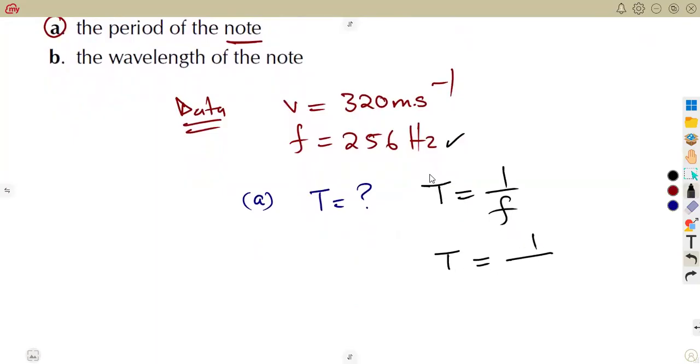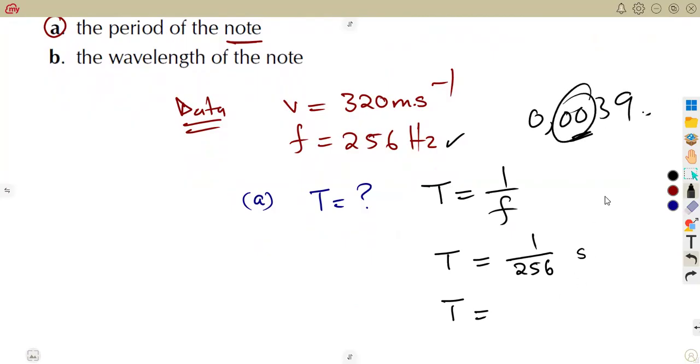So that's 1 over the frequency, which is 256. So you can even write it like that, 1 over 256 seconds, or as a decimal. As a decimal, it was going to be 0.003 and like that, there are like 2 zeros there. So you're going to even have it like that, 0.039 seconds, or just leave it as a fraction like that. It is still okay to leave it as a fraction.